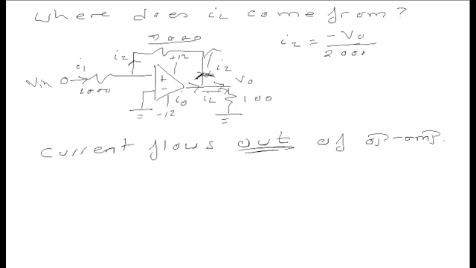Remember, there are those two supply voltages that we don't often draw in to avoid confusion. The op-amp is powered, and the power source powering the op-amp is what is producing that current I0. And that I0 then gets split into I2 and I load. So the key takeaway is that current does in fact flow out of an op-amp.